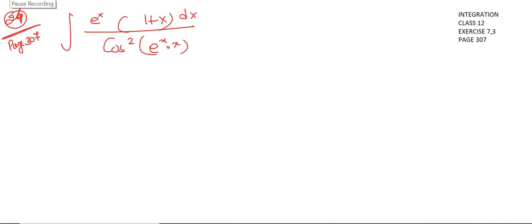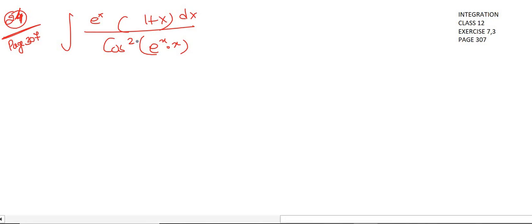See here, this is the question. Many students feel this is a difficult question because it has exponents, trigonometry and algebra. If you look carefully, there is something hidden whose derivative is in the question itself. What is it?